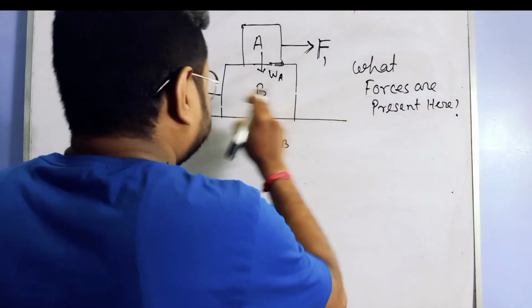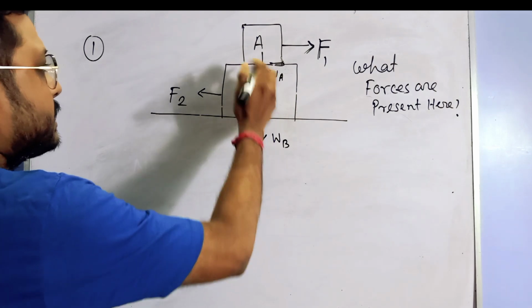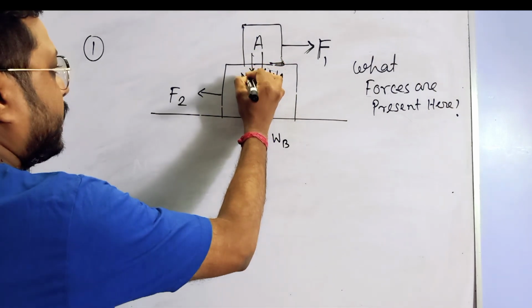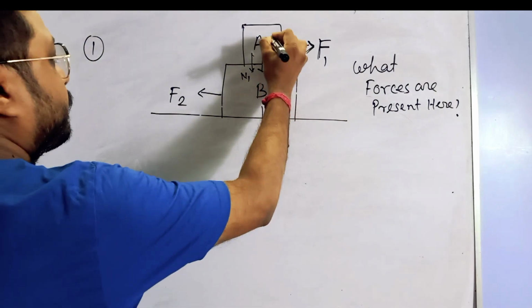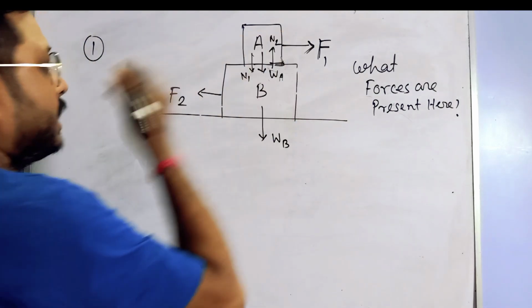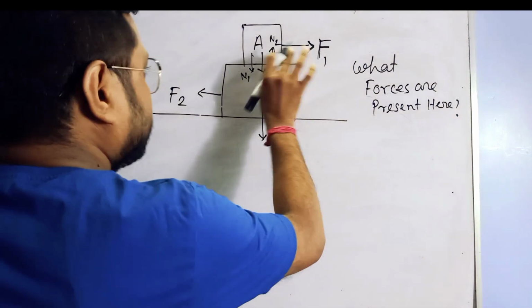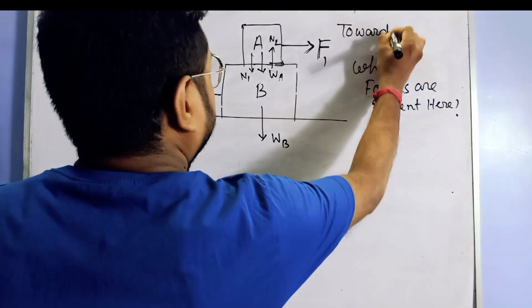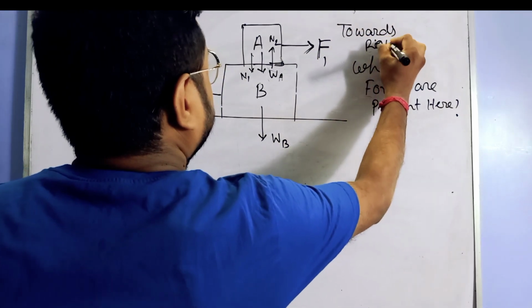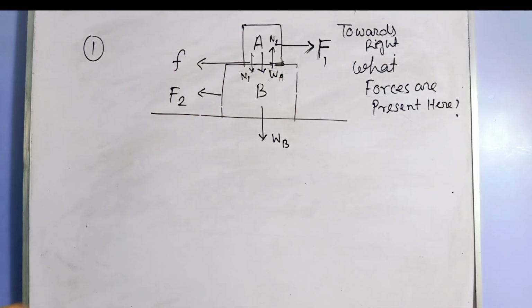Now, if A gives a normal reaction to B, which is called N1, then B always gives a normal reaction to A, which is called N2. And the friction force: if A is moved towards the right, then friction arises towards the left, because this is the rule of friction.